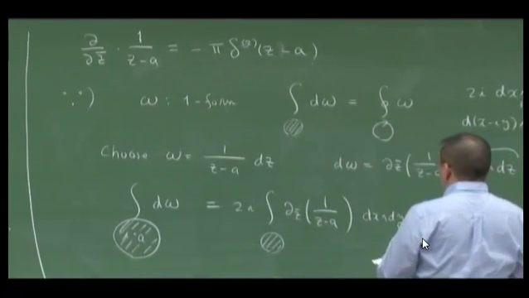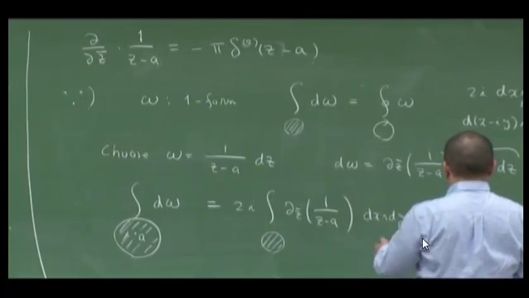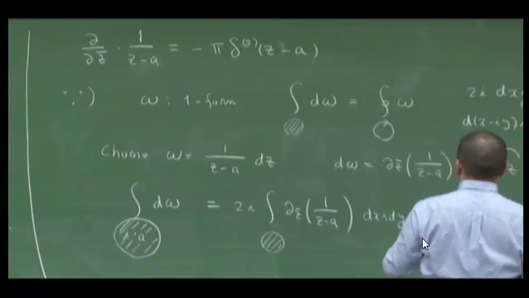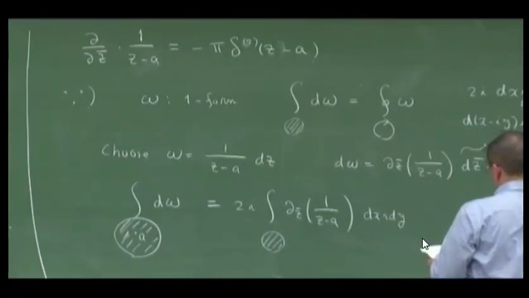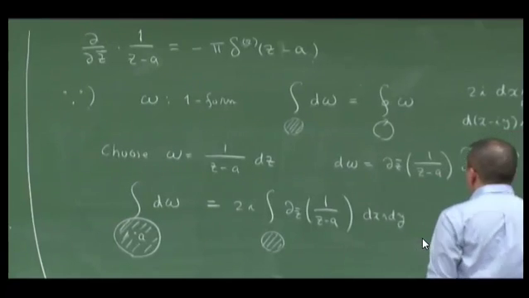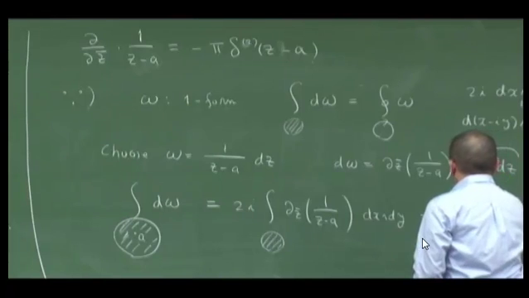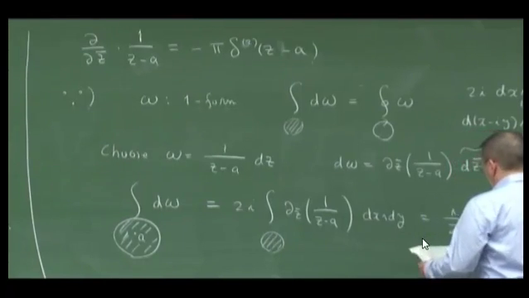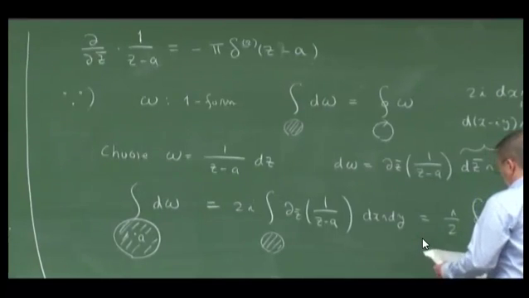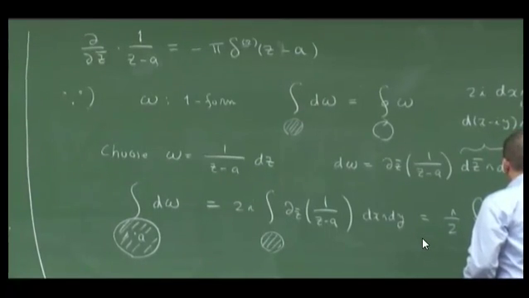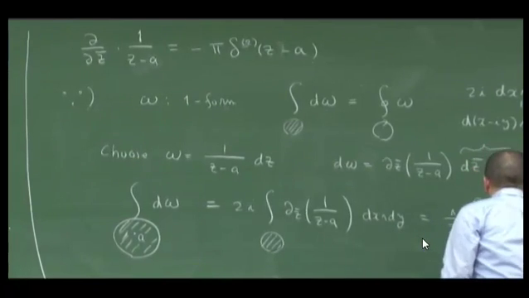So now we can use the Stokes theorem to show that this is equal to 2i times the contour integral of dz over z minus a on the contour surrounding a.